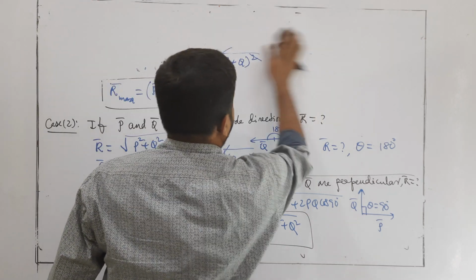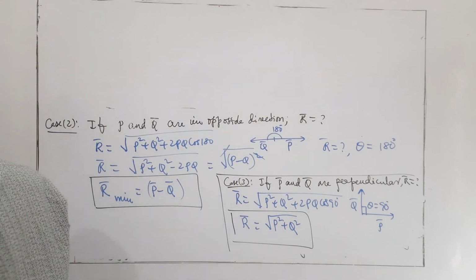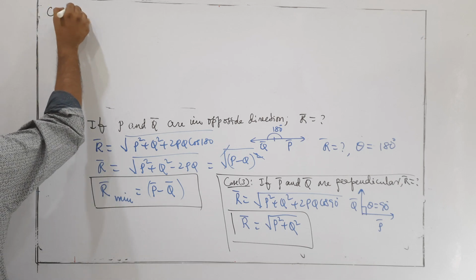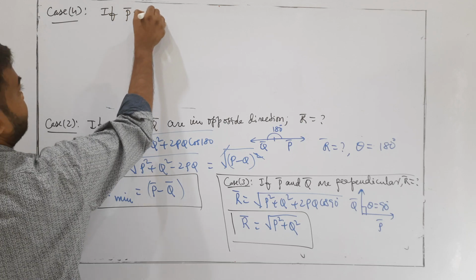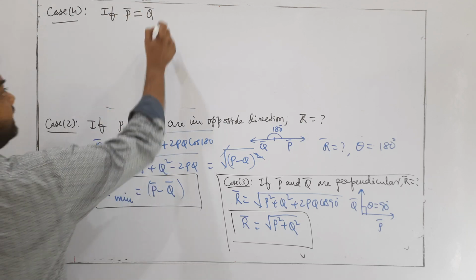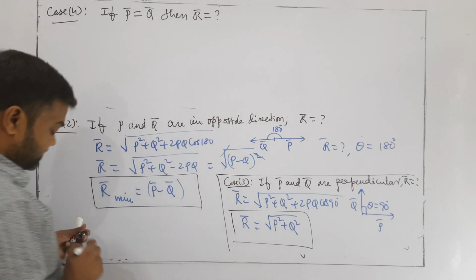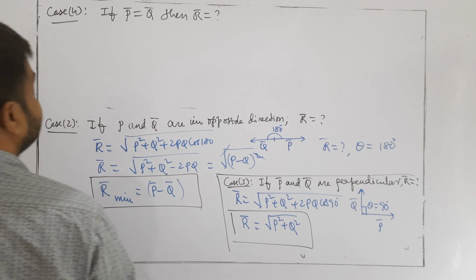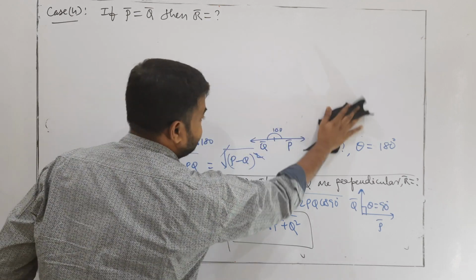And finally we have the last important case, case 4. If P bar is equal to Q bar, then R bar is equal to how much? Suppose if you express this in words, how can you explain this?